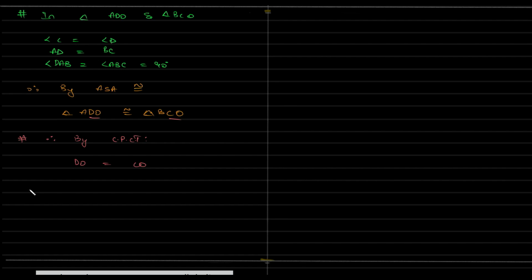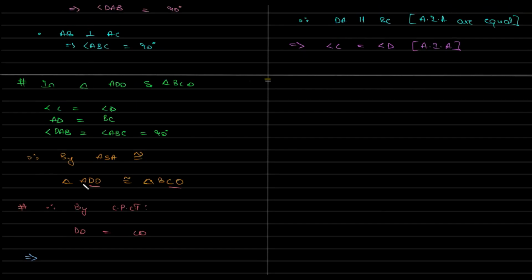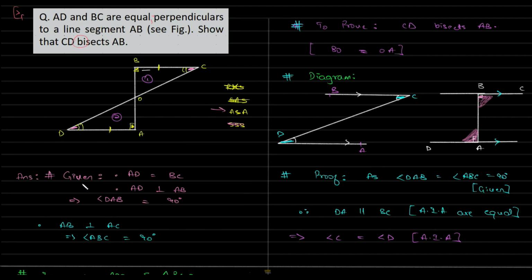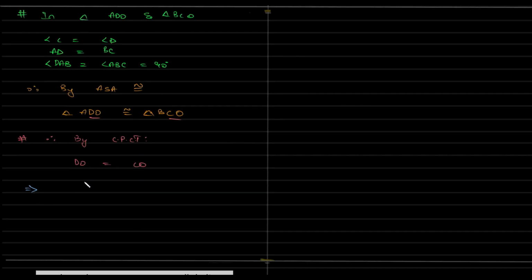So you can clearly see from there. Now we can tell what it is that we need to prove: CD bisects AB. Oh wait, we need to prove that AO is equal to BO, sorry.